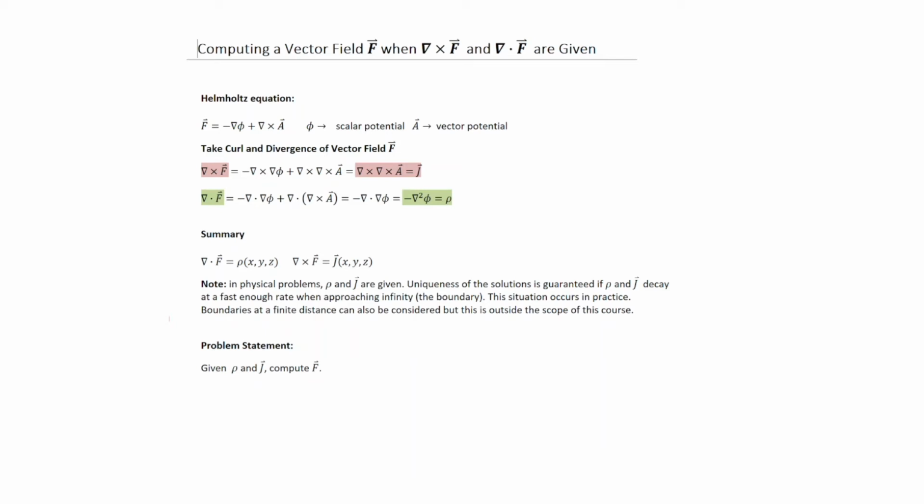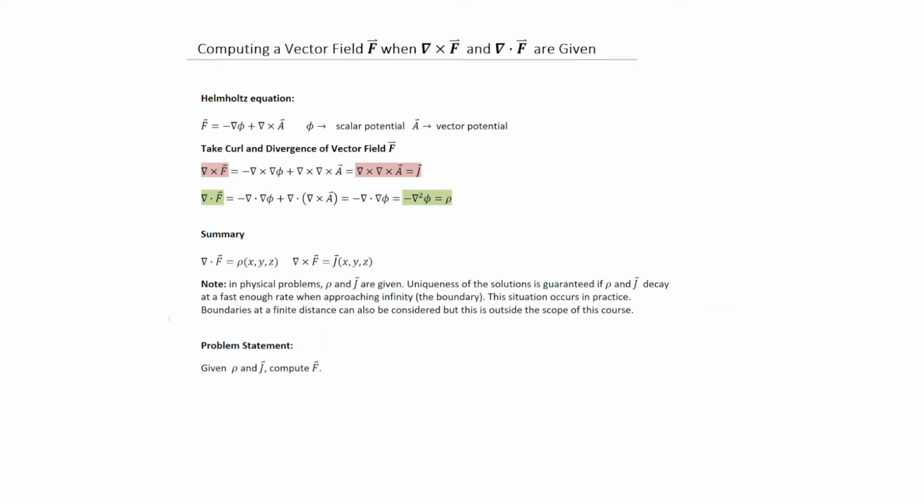So we now make reference to the Helmholtz equation, where we said that any vector field is the superposition of an irrotational field and a source-free field. Phi, the scalar potential, with minus grad phi, is associated with the irrotational field, and the curl of A, which is a vector potential, is associated with the source-free field.